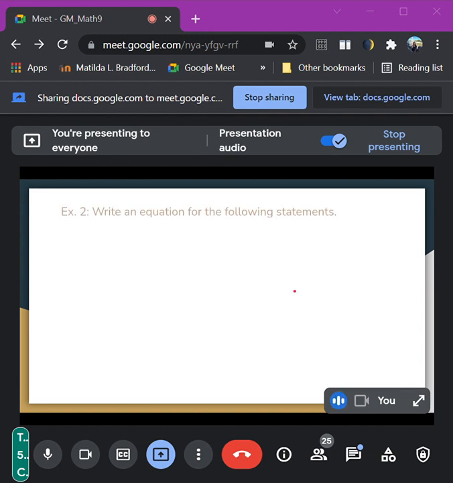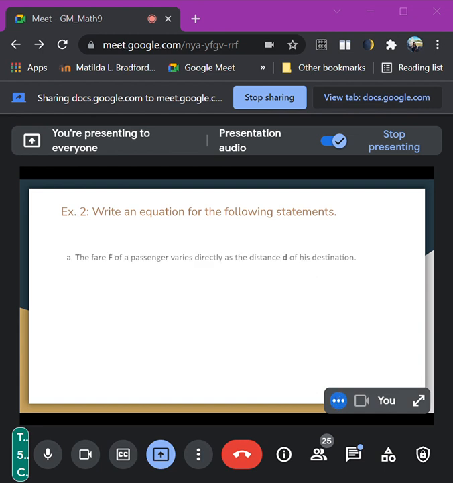So, example number 2. This time we are going to write an equation for the following statements. Let's practice this one, because if you know how to make those statements into equations, then it is easier for you to answer the given.